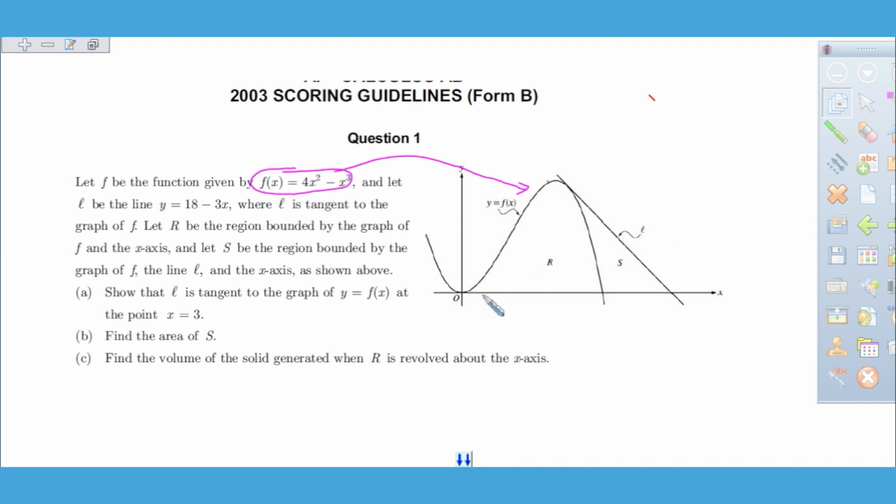And this tangent line has nothing to do with R, because we're going to be looking at finding part C. And C says find the volume of the solid generated when R is revolved around the x-axis. So notice that R contains all of this. That's all of R. So I'm trying to revolve this around the axis.